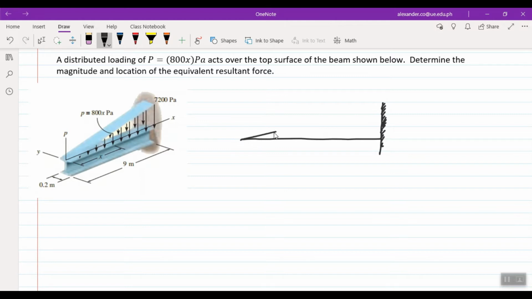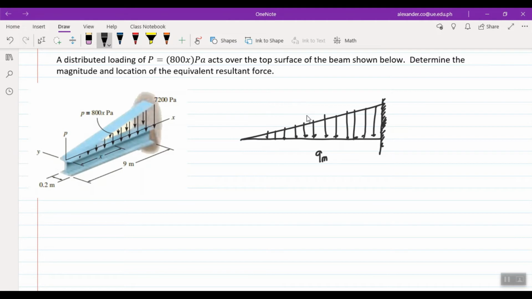The length is 9 meters. So, kung visualize natin, again, puro concentrated force yan na dikit-dikit, na parang, sinasabi ko nga sa inyo kanina, para siyang notebook or whatever, no?